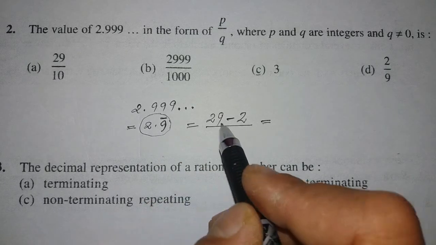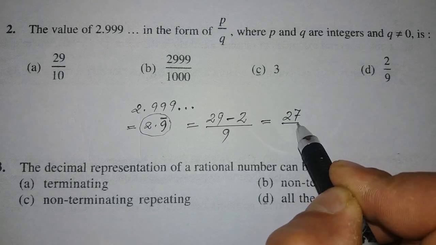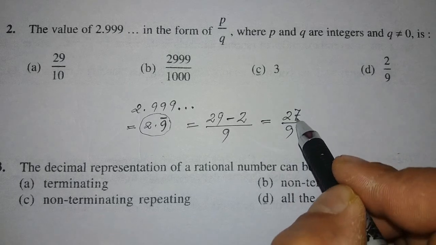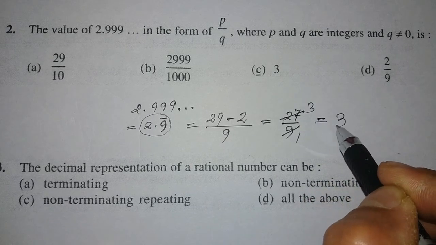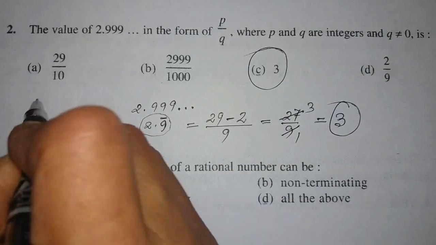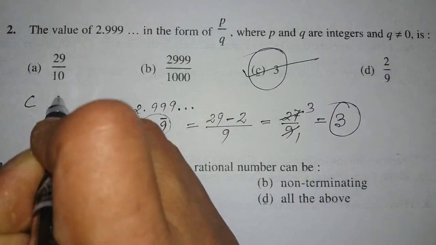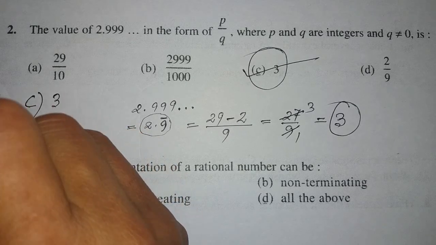Now 29 minus 2 is 27 by 9. Now we can cancel: 9 threes are 27, so the answer is 3. So our solution is C. C is 3. This is our solution.